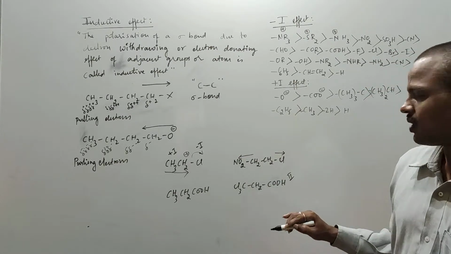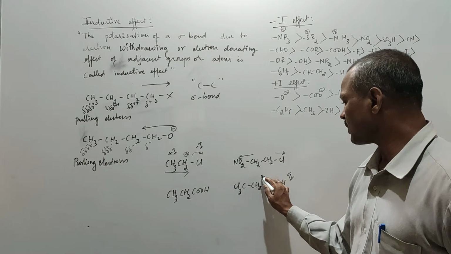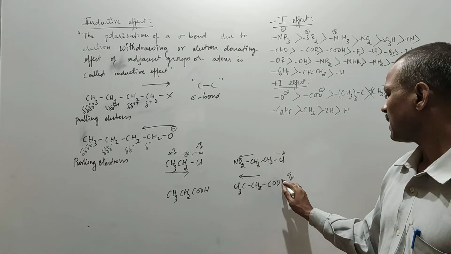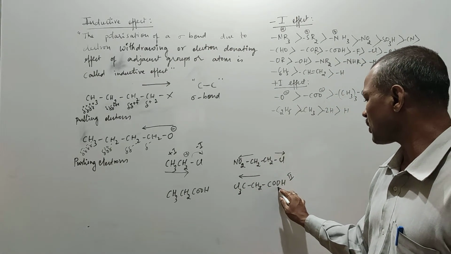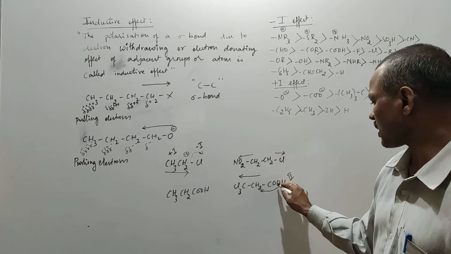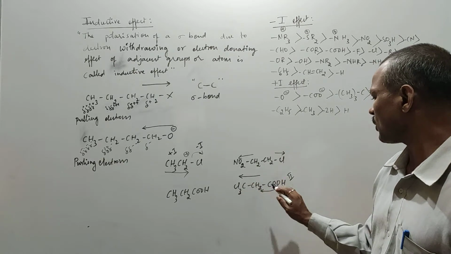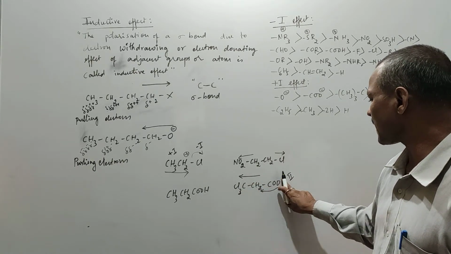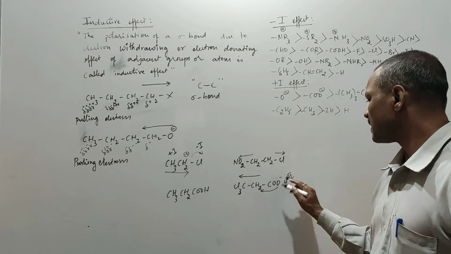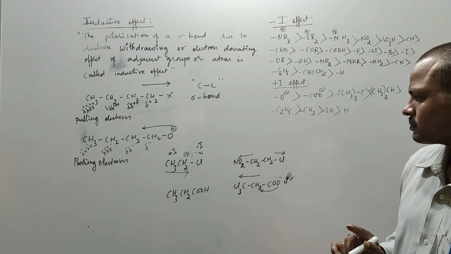The reason is that chloride is electronegative and pulls the electron towards itself. Because of that, the electron density from the carboxylate moves towards the alkyl group. Because of that, hydrogen can detach easily, hence it is more acidic.